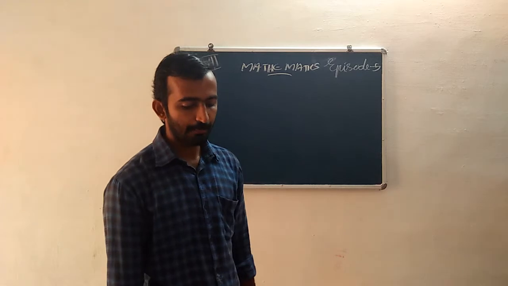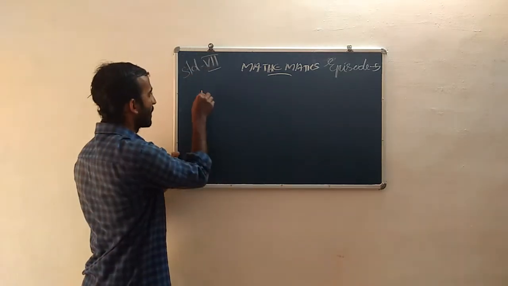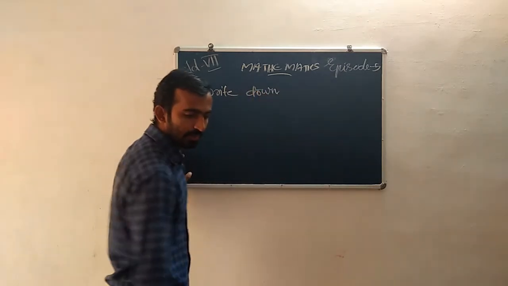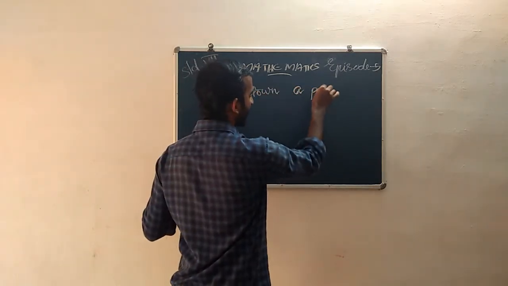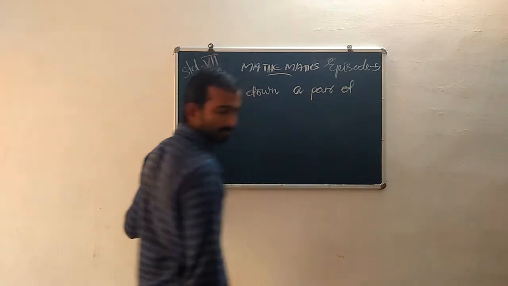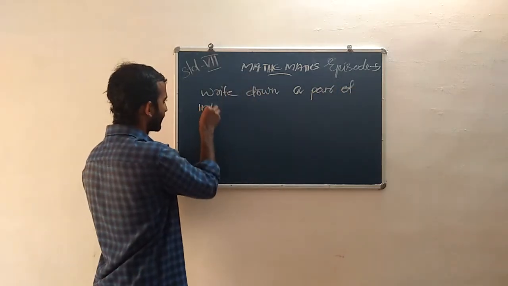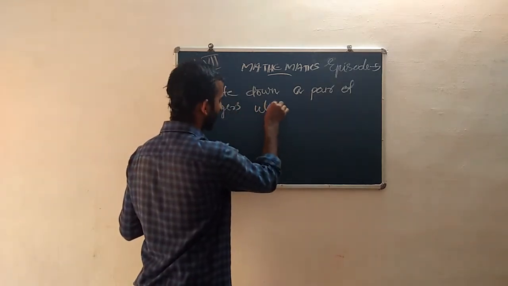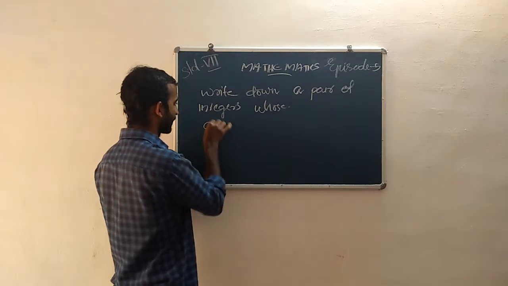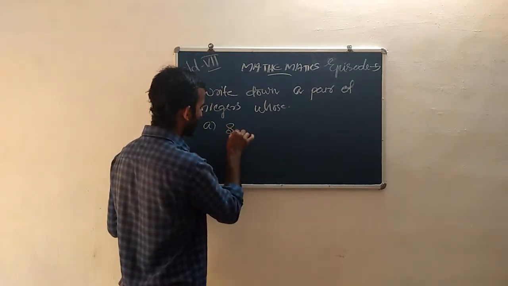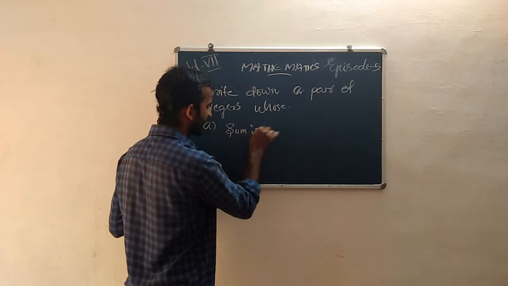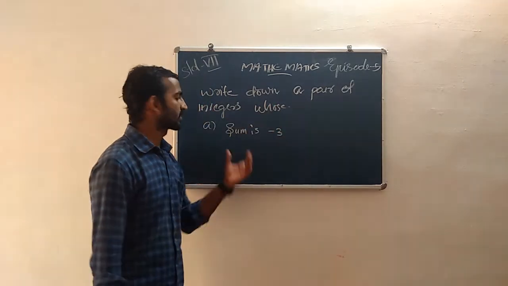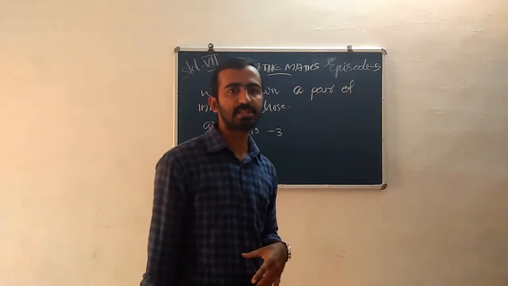Write down a pair of integers whose sum is negative 3, or minus 3.